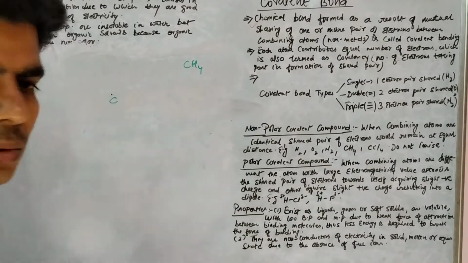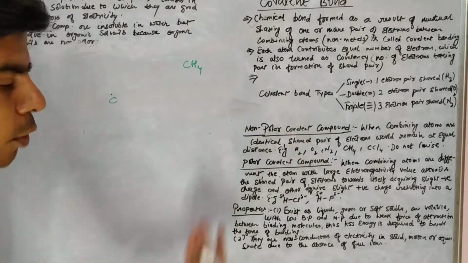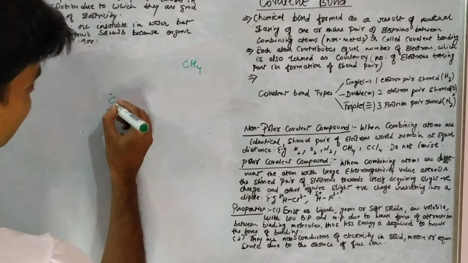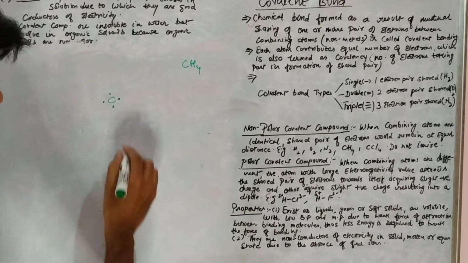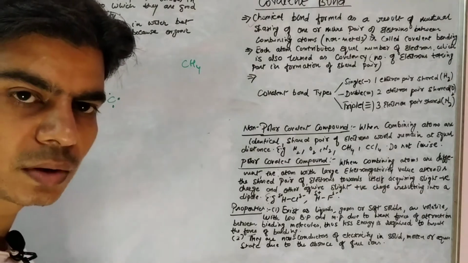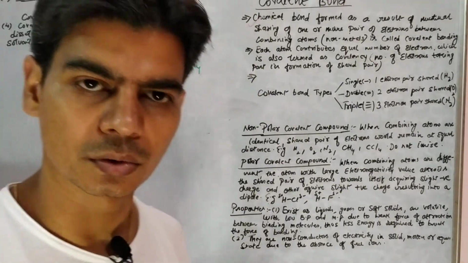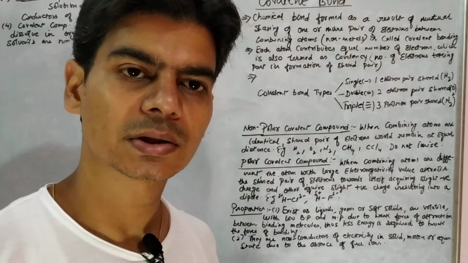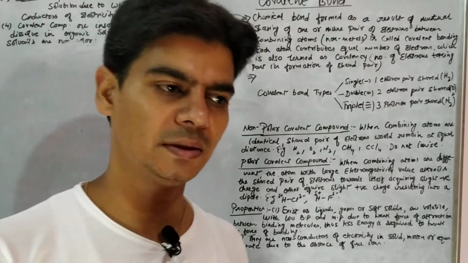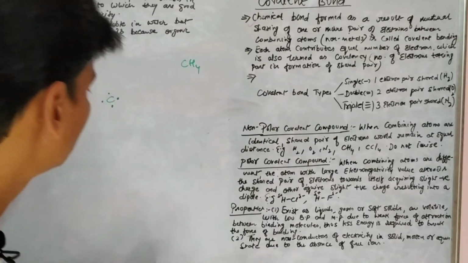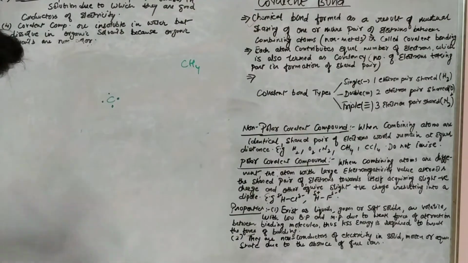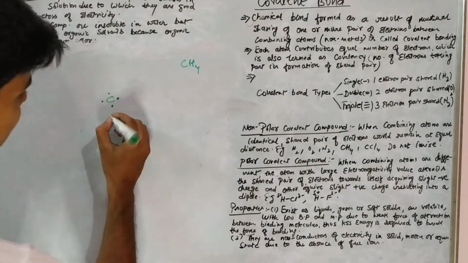Let's see how covalent bonding gets formed in the methane molecule. 1, 2, 3 and 4. Now since carbon has 4 electrons in its outermost shell, it needs 4 more electrons to complete its octet and acquire stability. So let's see how it will get 4 more electrons.